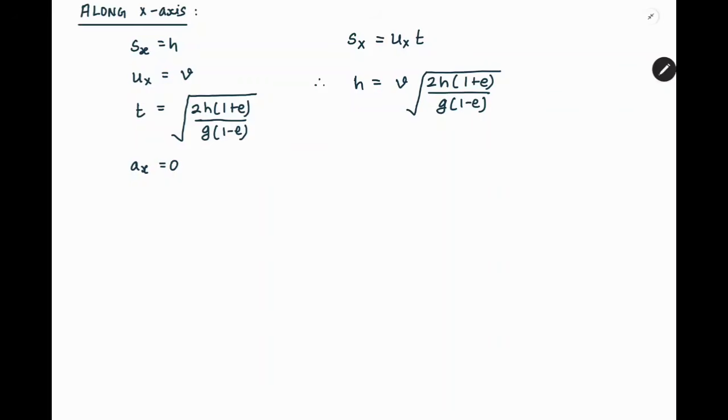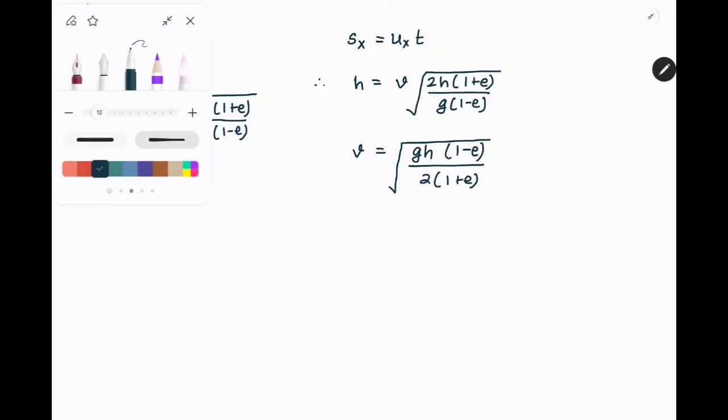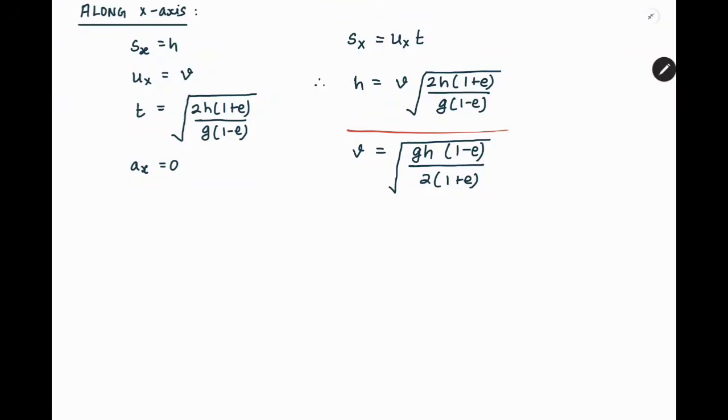From here we get velocity v is equal to root of gh(1 minus e) upon 2(1 plus e). So this is the horizontal component of velocity of the marble, and this is problem number 26 whose option is matching with C part.